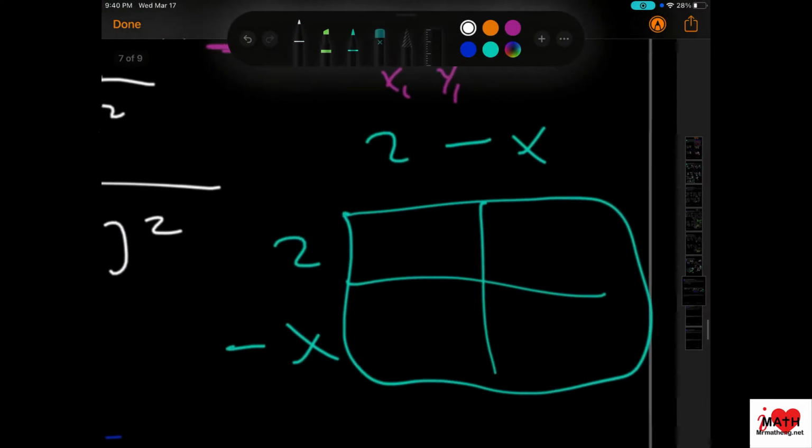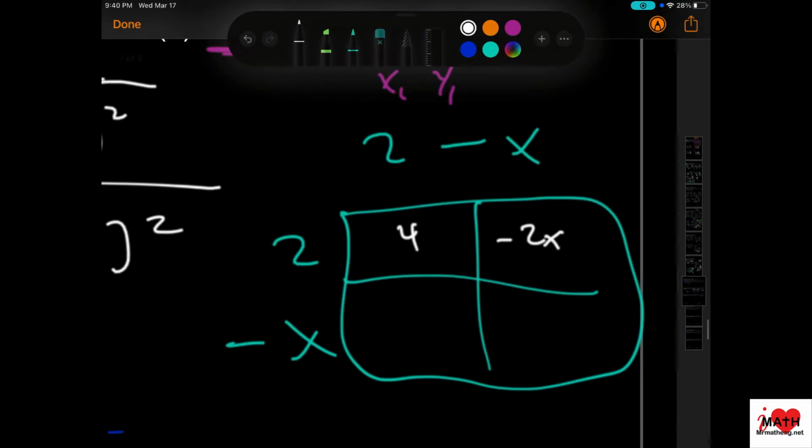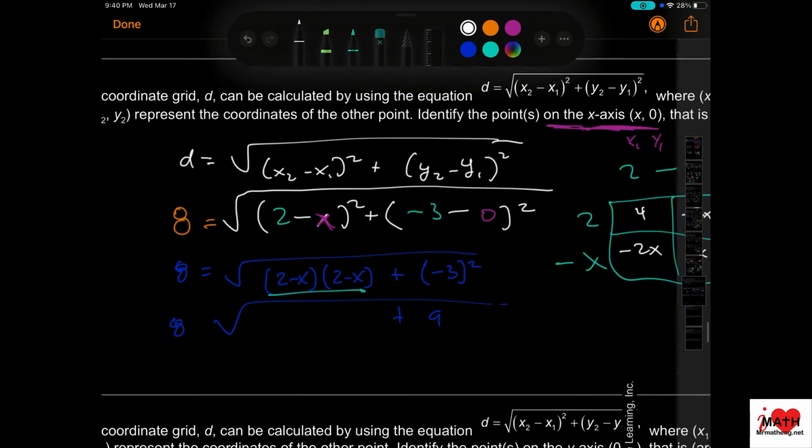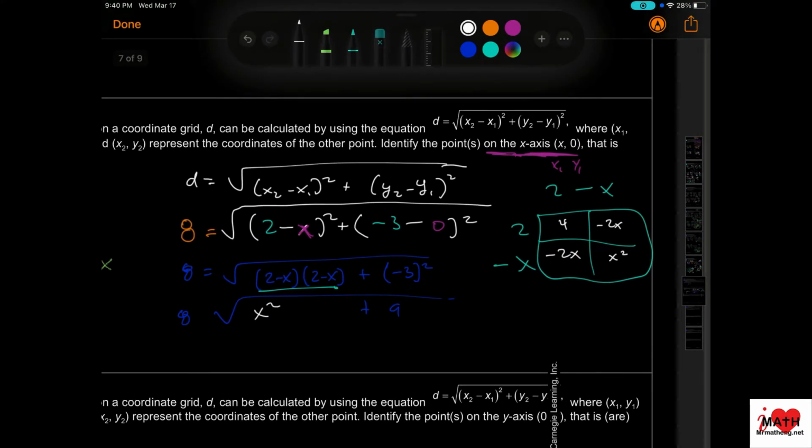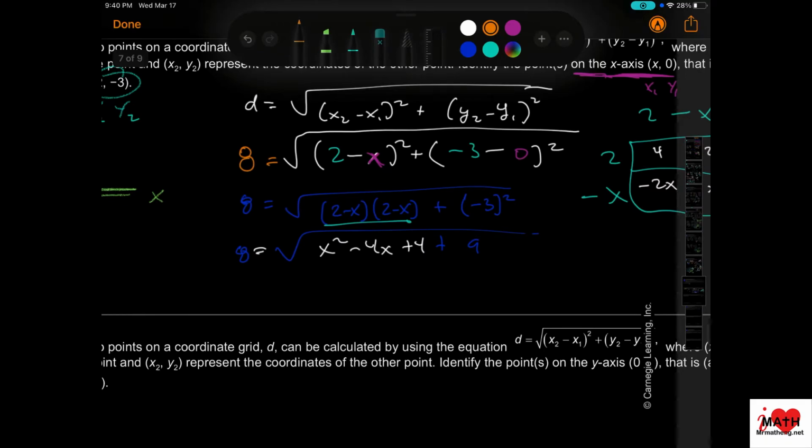And I will get 4, -2x, -2x, and x squared. So we have x squared, -4x plus 4. And combine like terms, so you have 8 equals square root x squared minus 4x plus 13. I can square both sides, get rid of this radical. So I'm going to get 64 equals all of this.